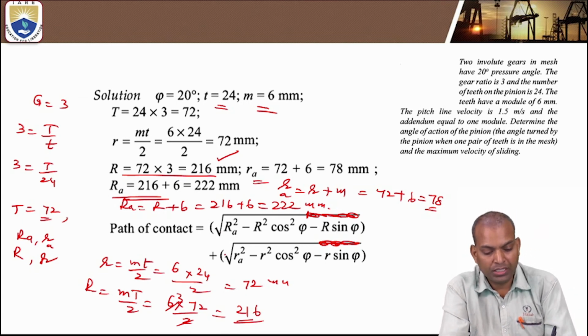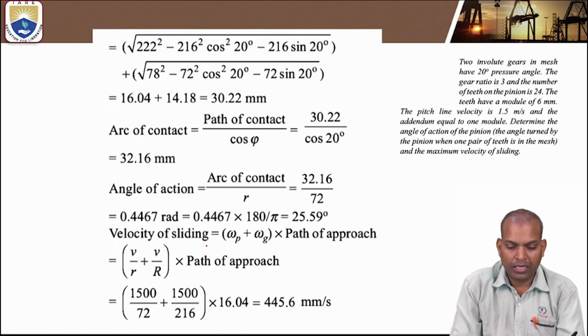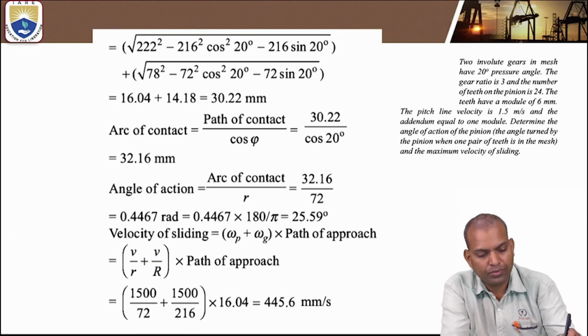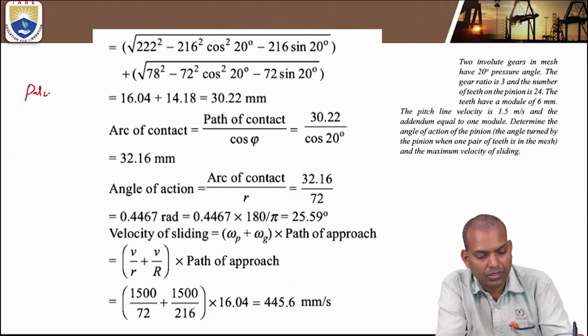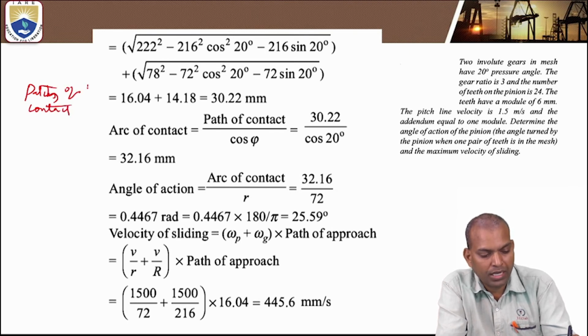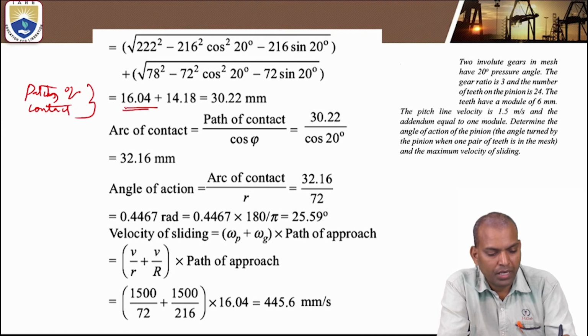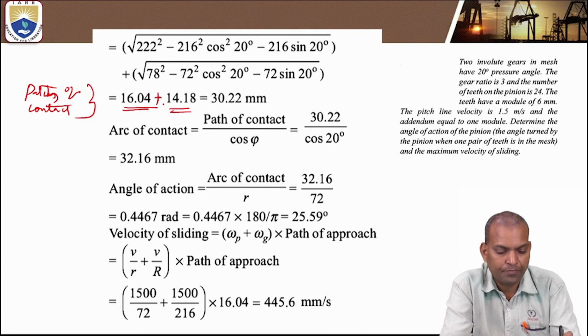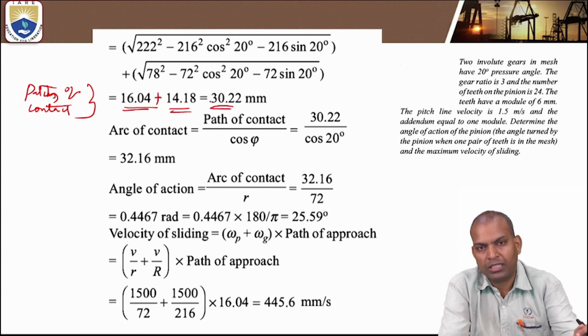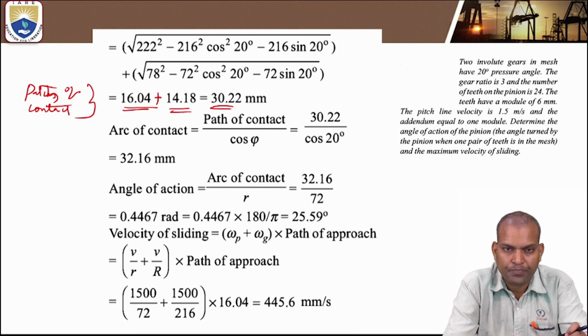After substituting, we can observe the value of path of contact. Path of contact equals path of approach, 16.04, plus path of recess, 14.18. The total sum equals 30.22 millimeters.